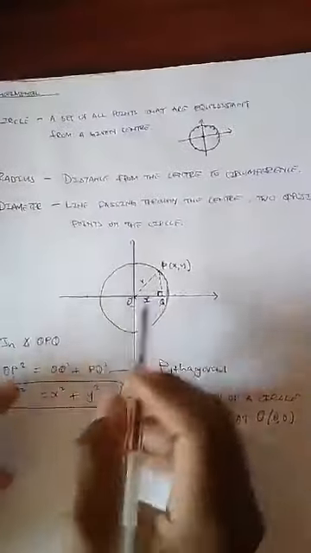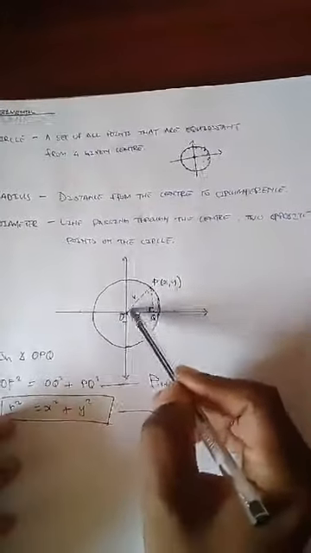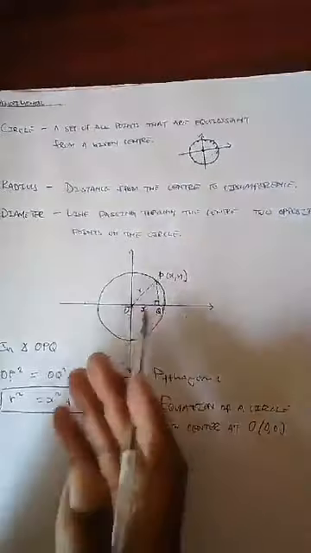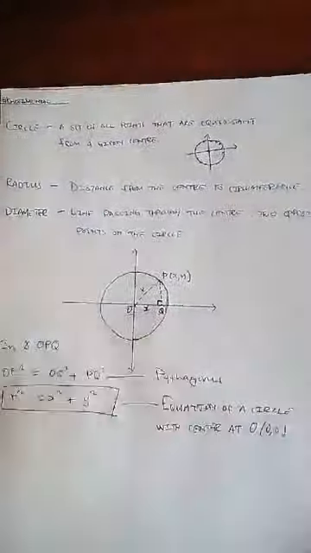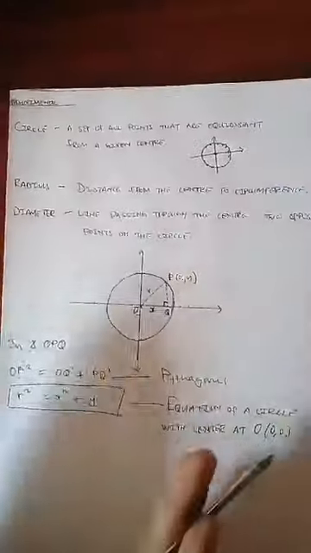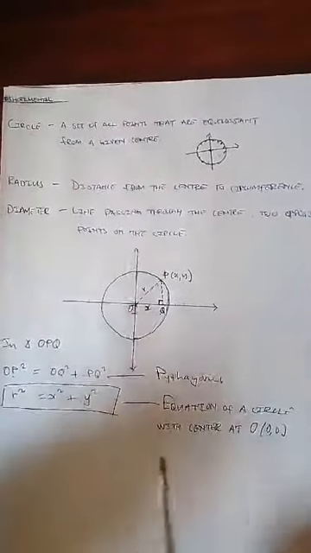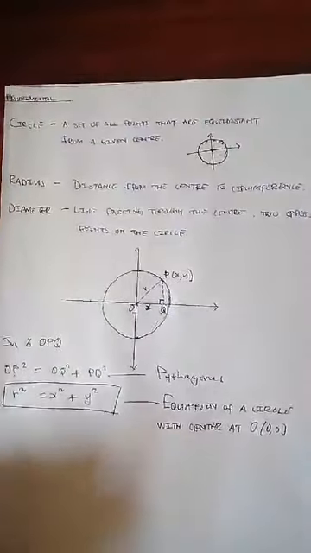So in triangle OPQ, we just use Pythagoras, and we could write now the radius as a proper equation, as the sum of the coordinates somehow. So this is an expression, and this is what we call the equation of a circle centered at the origin, 0, 0.